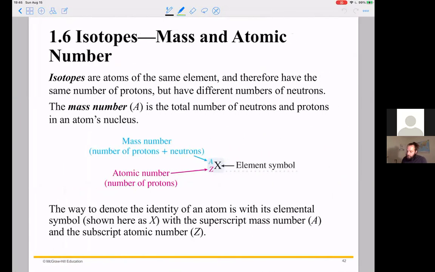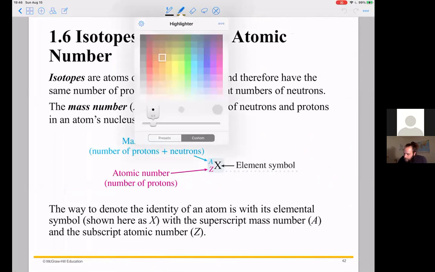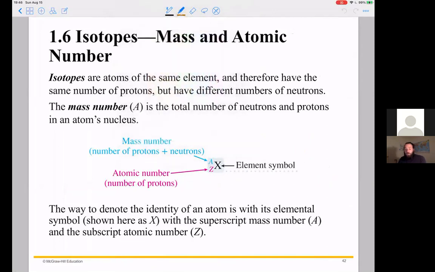Okay, so now we're going to talk about isotopes. What is an isotope? Well, remember, what makes carbon, for example, is the fact that it has 6 protons. If it were to have 7 protons, it wouldn't be carbon anymore, right? But an element, the same element, can have a different number of neutrons. So an isotope is an atom, and it's the same element, but it has a different number of neutrons.